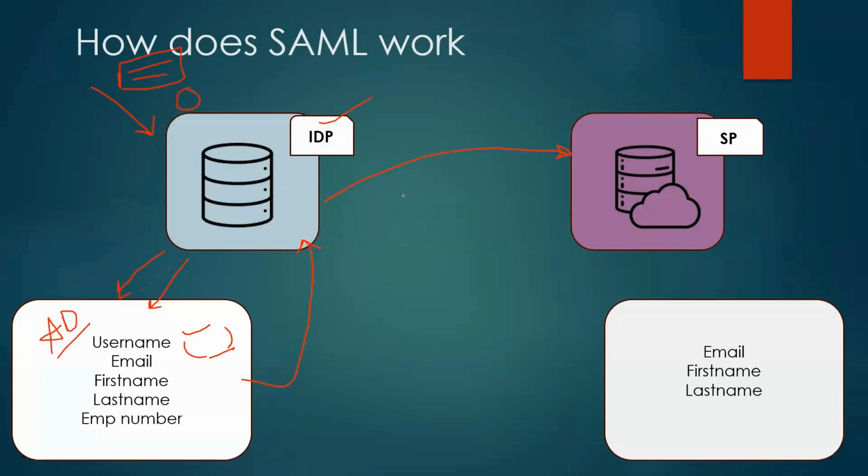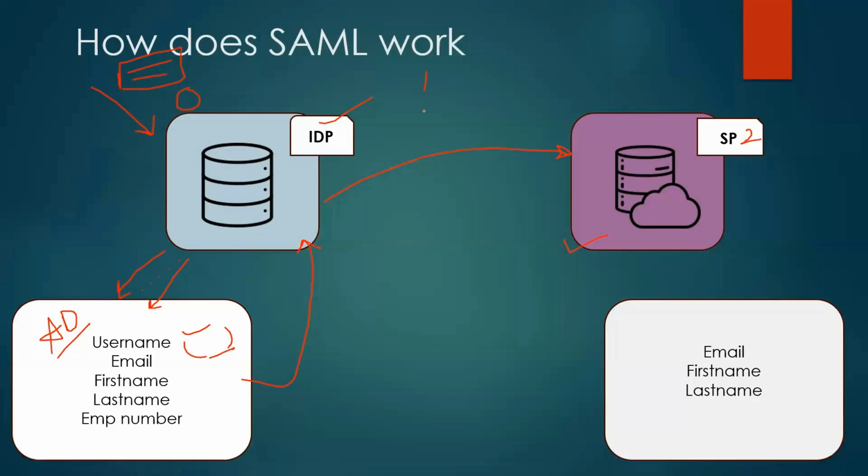That URL contains the entity ID or some unique values which say the request is coming for this particular application, which is SP2. Once you're done with checking the username and password, send that request back to the service provider for it to perform its authorization.